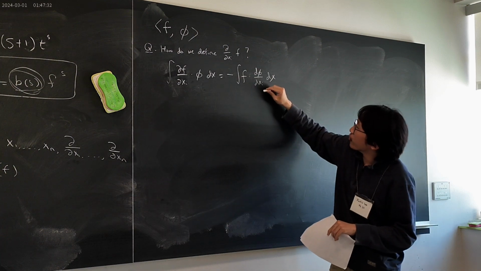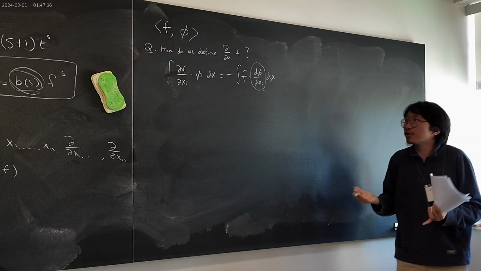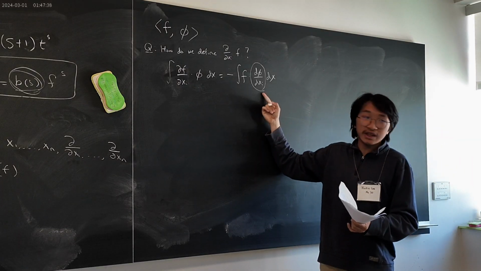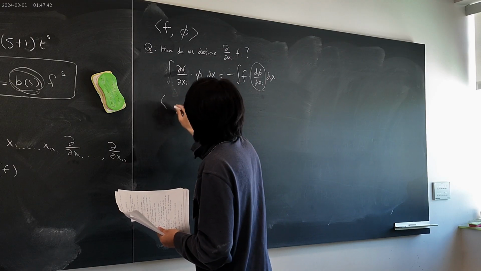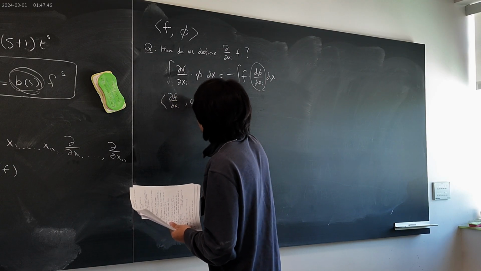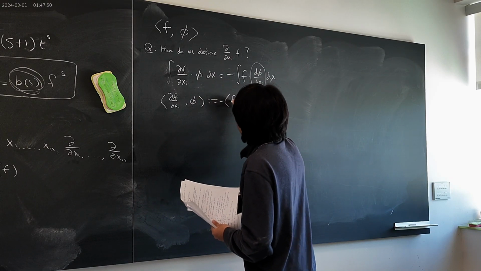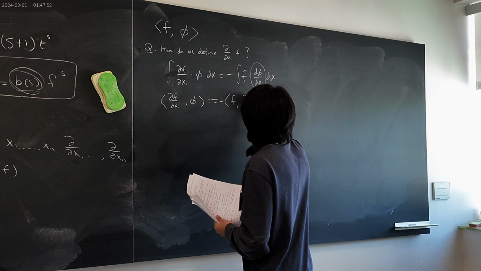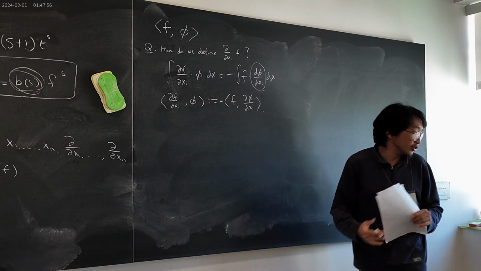And also, the derivative of a smooth function is still smooth and compactly supported, so this is still a nice test function. So this tells us that we can define this distribution, applied to phi, to be negative of f applied to d phi dxi. That's how you differentiate the distribution.